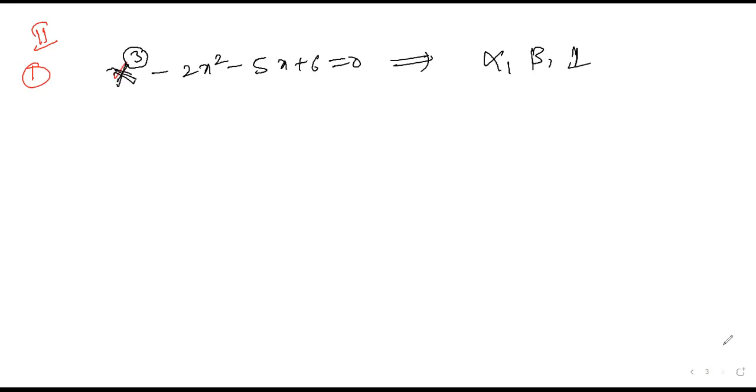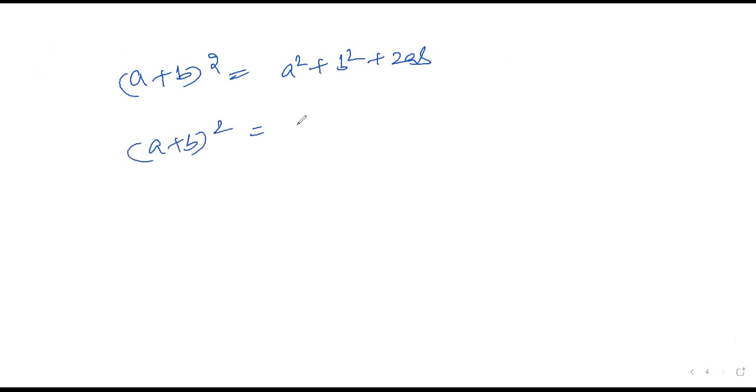Before I come to the question, I'll try to say one logic. What is the formula for a plus b whole square? a squared plus b squared plus 2ab. I'm writing a plus b whole square, a square plus b square plus 2ab. I'm adding minus 2ab plus 2ab.